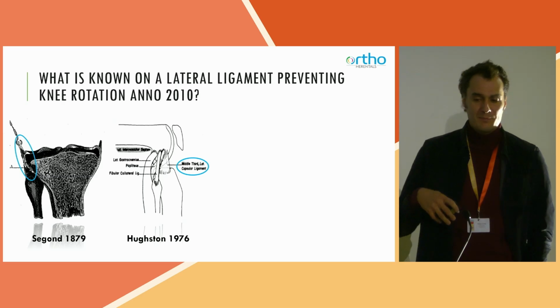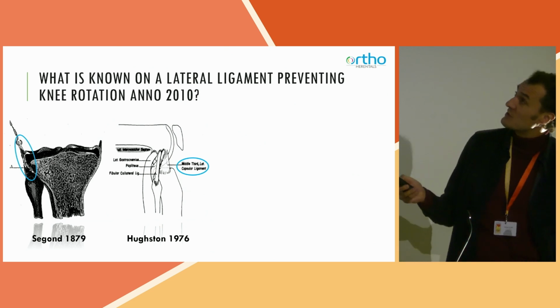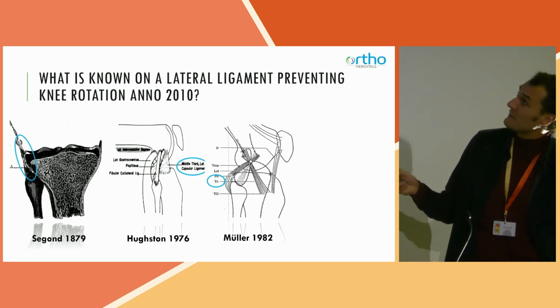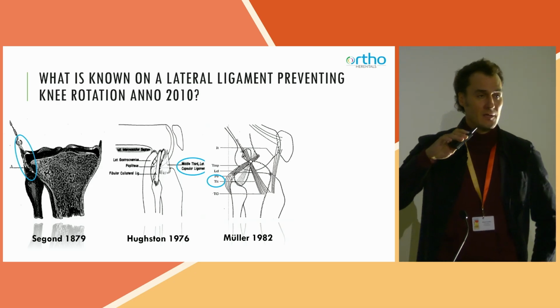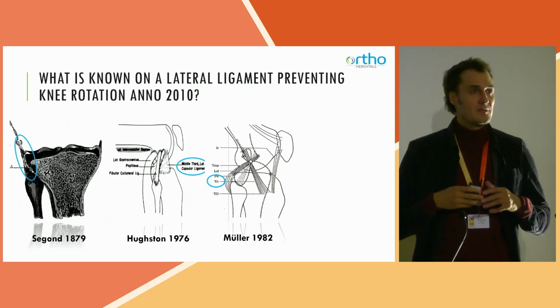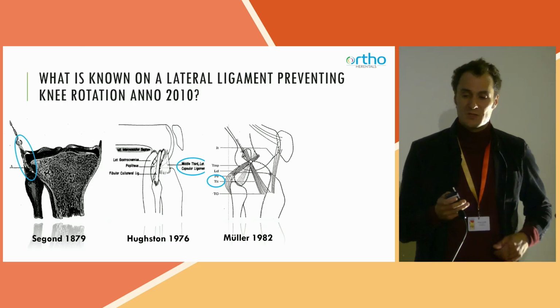There is a publication later on by Jack Hughston, 80 years after that, about the middle third lateral capsular ligament. It's just one sentence in the publication. It just mentions something. No description, no characterization, no pictures, no dissection.